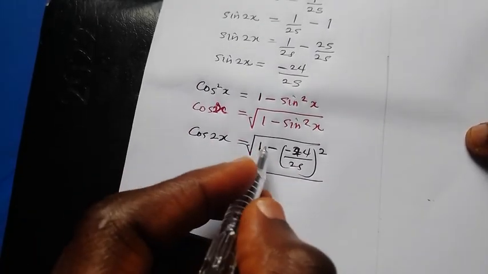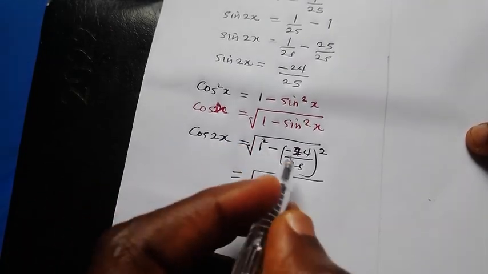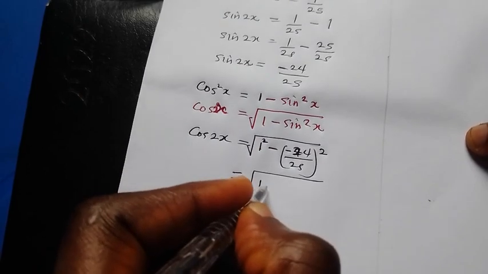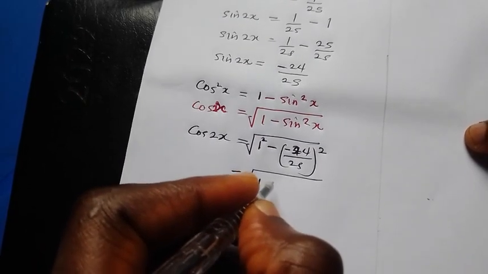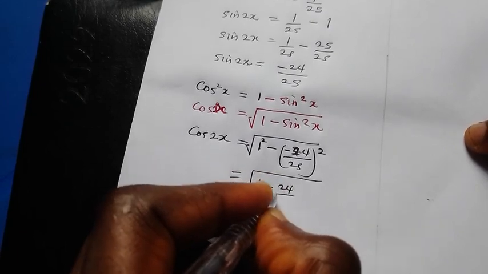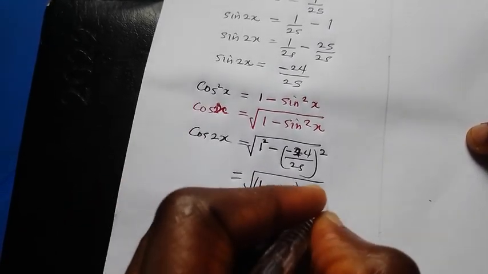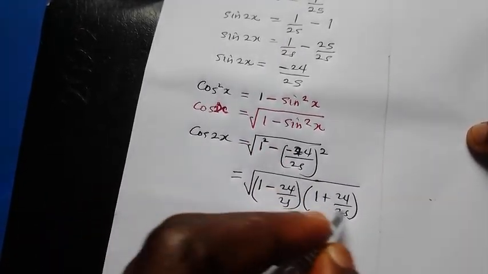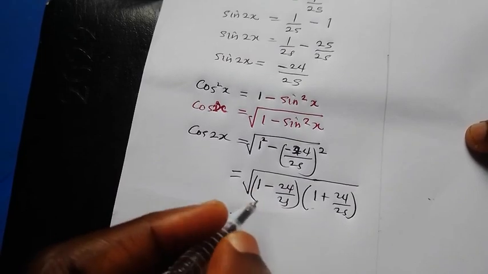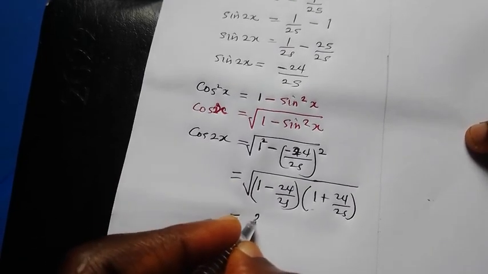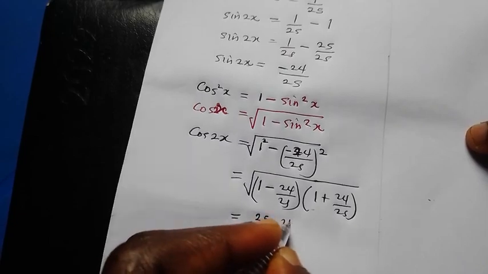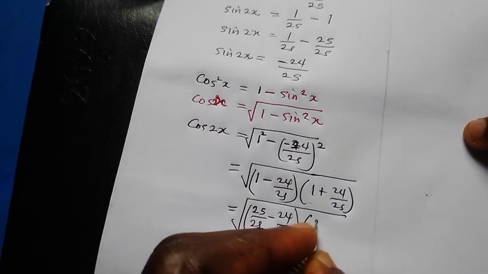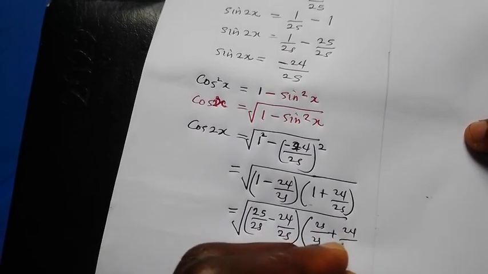The square root of. Now you can just use the idea of difference of two squares if you are not somebody that likes to expand. If you don't want to expand this, you can just write this as 1 minus 24 over 25 and 1 plus 24 over 25. So this can be rewritten as 25 over 25 minus 24 over 25, everything inside the square root, then 25 over 25 plus 24 over 25.